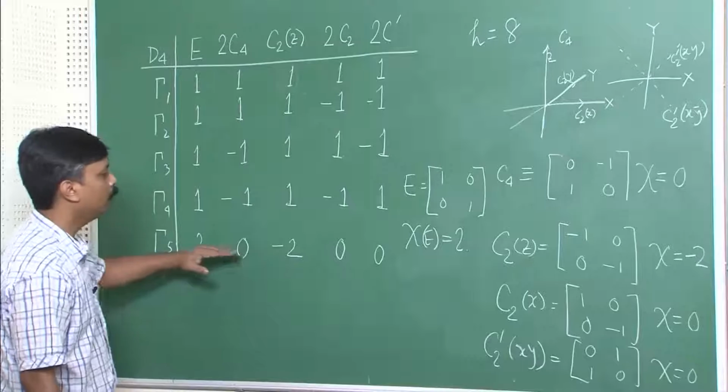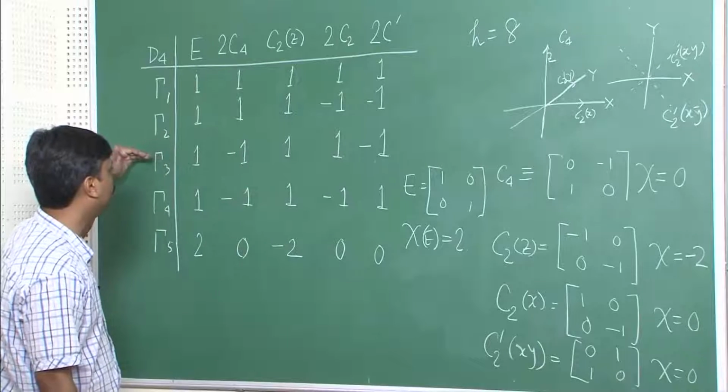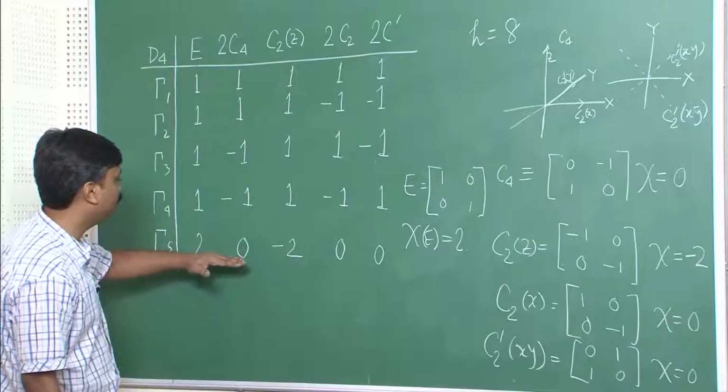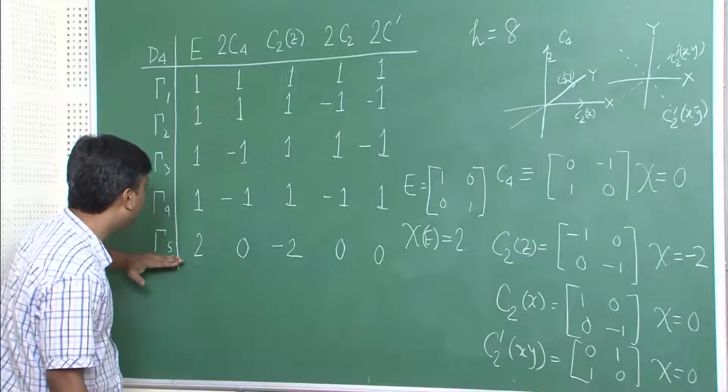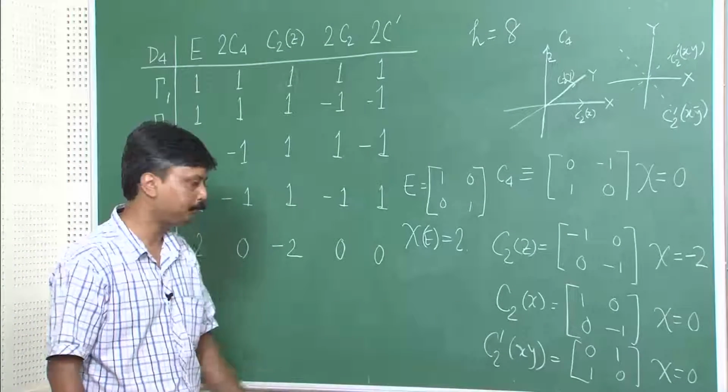So similar to the previous example where we checked the orthogonality between, I think, gamma 3 and gamma 4, here we will check the orthogonality between gamma 5 and, say, gamma 4 as one of the IRs.